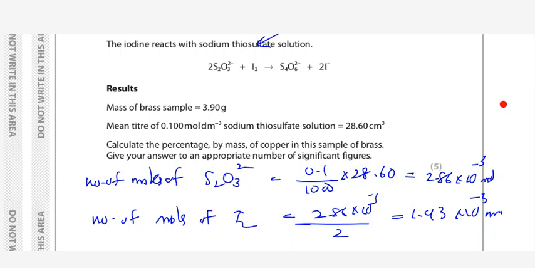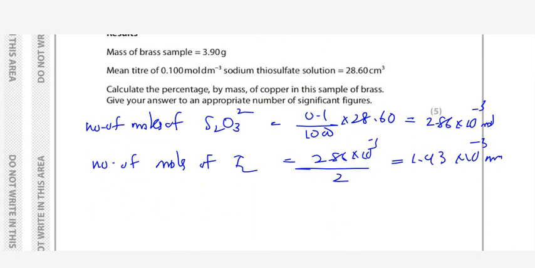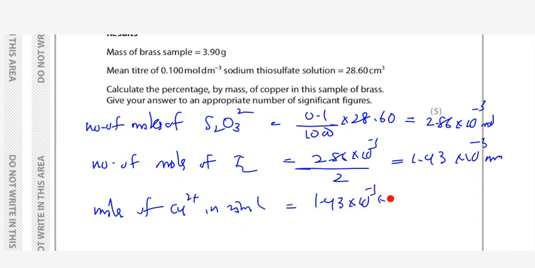So now the moles of iodine is known. You can easily work out the moles of the other species, which is the moles of copper 2 plus. Right? It is twice the moles of iodine. The moles of copper 2 plus in 25: again, 1.43 × 10^-3 times 2, 1:2 ratio.